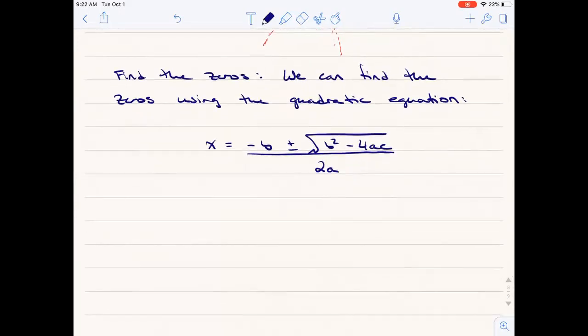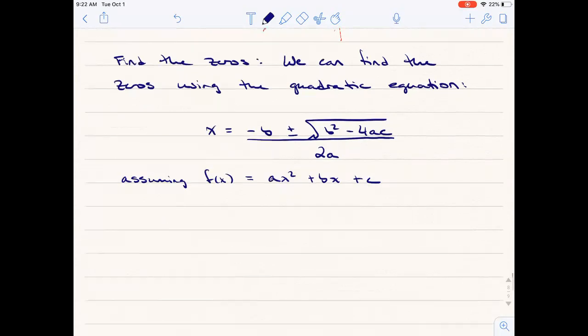It does mean, assuming f of x is of the form ax squared plus bx plus c, that we have to expand our function to get it from standard form into general form. But that's okay.